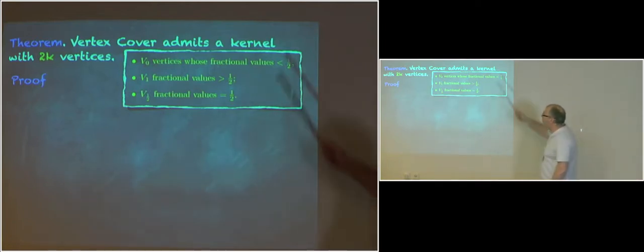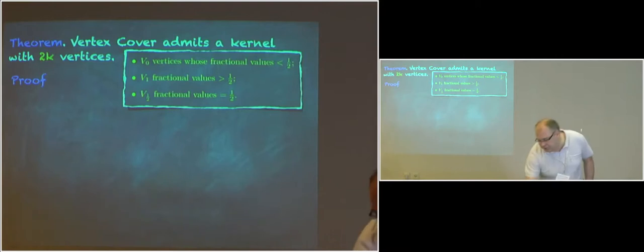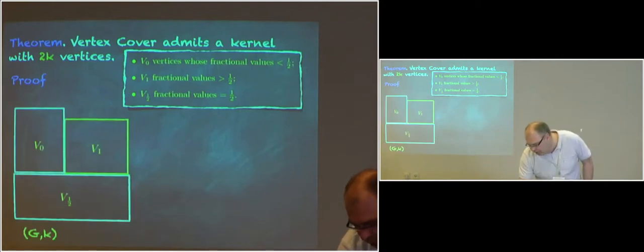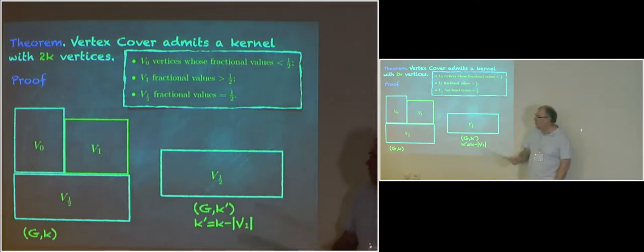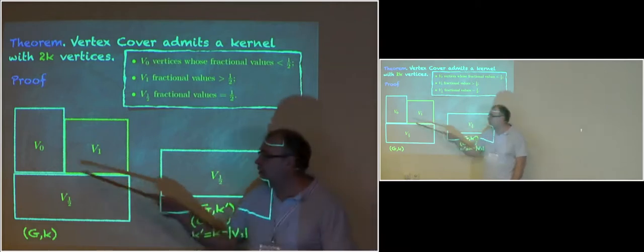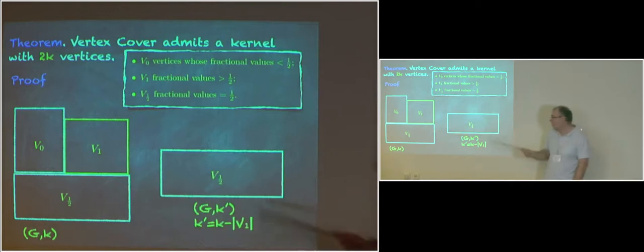This linear program gives me a partition of the vertices of the graph. And then, as a kernel, I take all vertices from the set V1/2. So I delete V0 and V1, and then I reduce the parameter K by the size of V1.